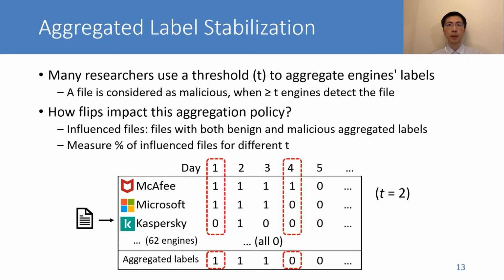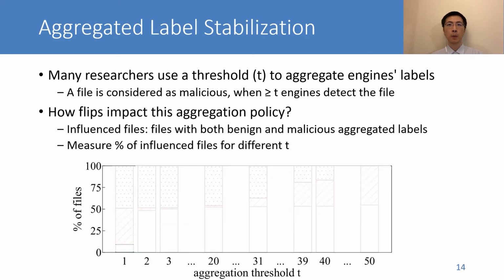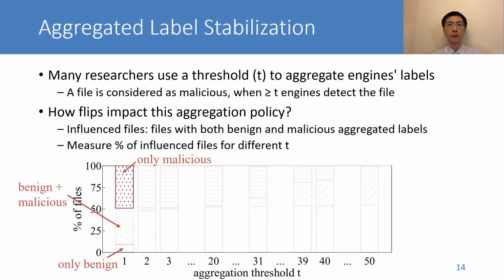We measured the percentage of influenced files for different T. Here are the results. The first bar shows how files only with benign aggregate labels, files with both benign and malicious aggregate labels, and files only with malicious aggregated labels distribute.